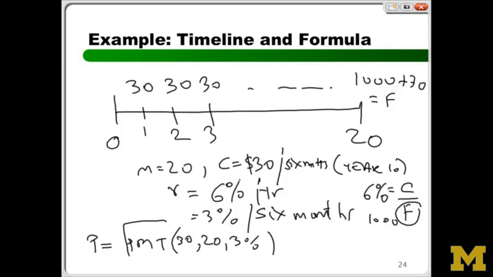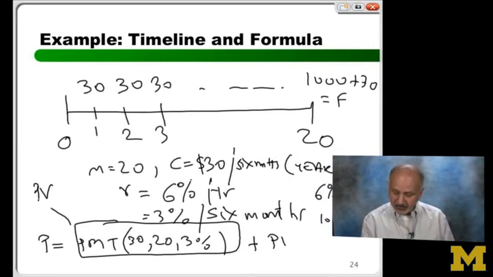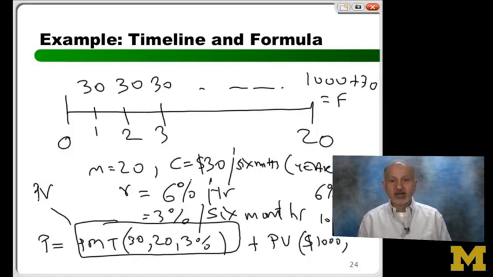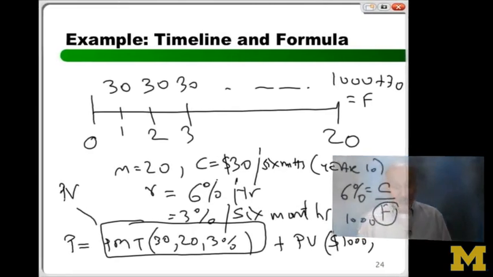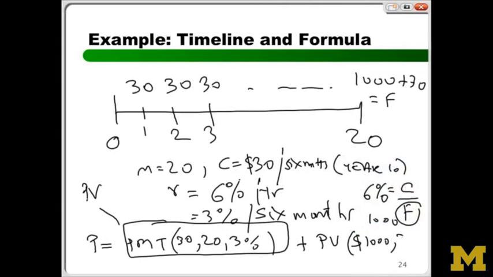And this is the PMT flow, and you'll do the PV of this, plus you'll do the PV of 1,000 too. How many years from now? How many periods, sorry? 10 years, but periods 20, and the interest rate is 3%.